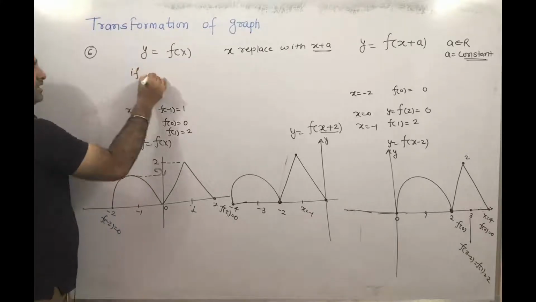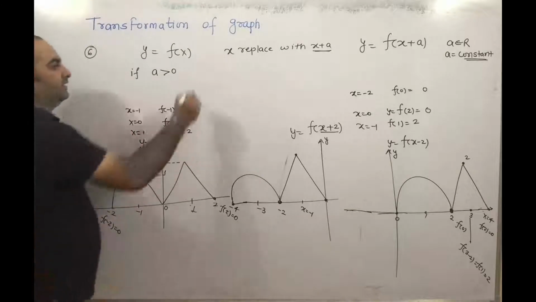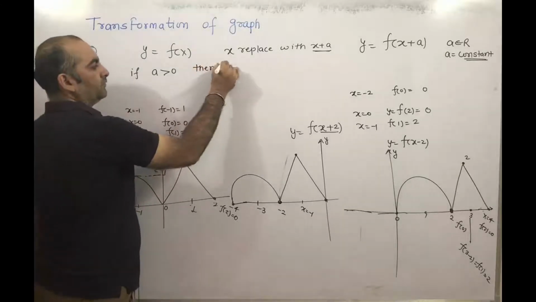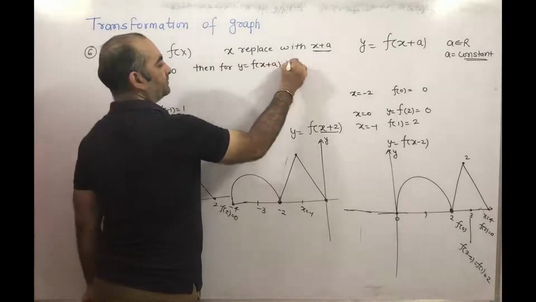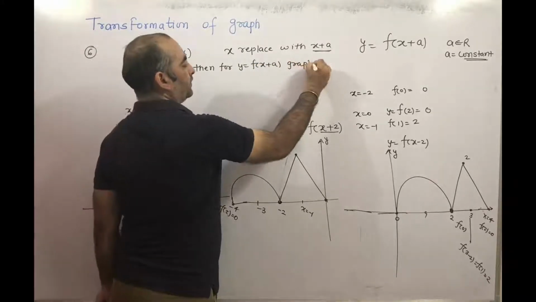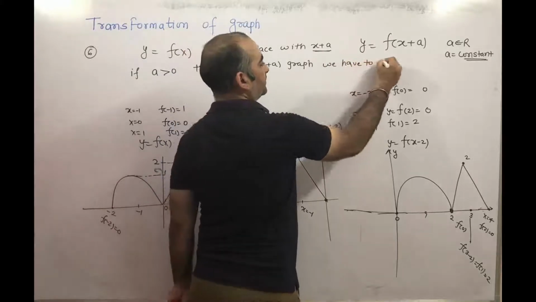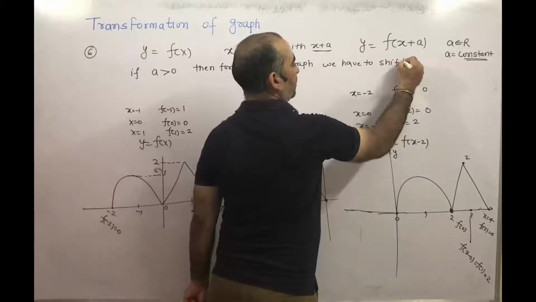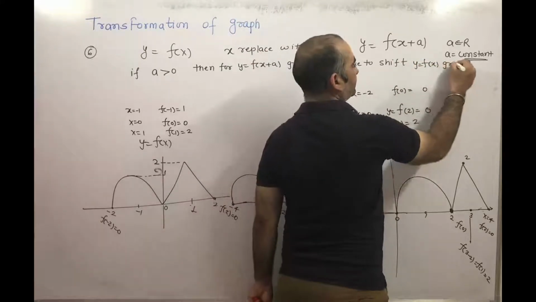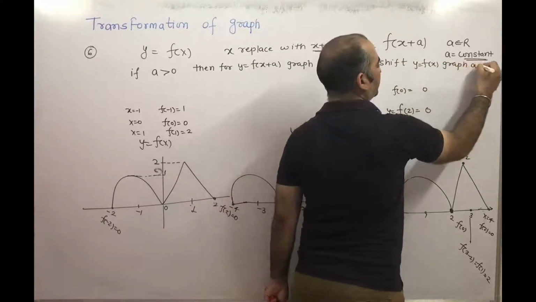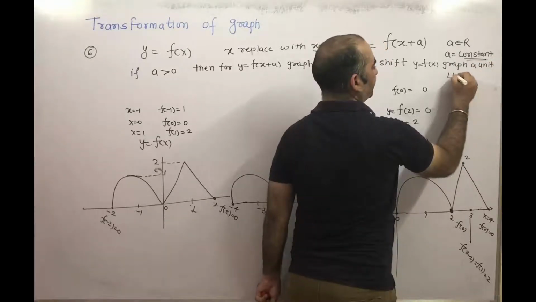If a is greater than 0, then for the y equal to f of x plus a graph, we have to shift the y equal to f of x graph a unit left hand side.